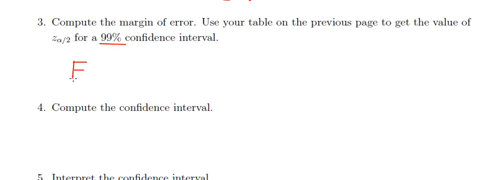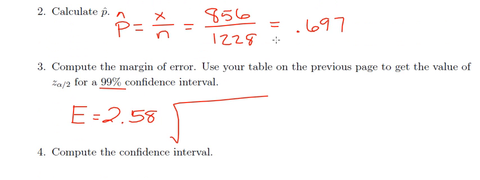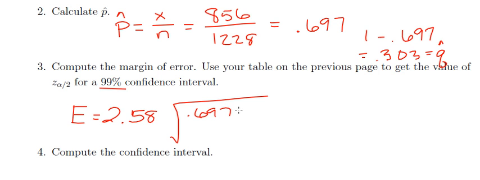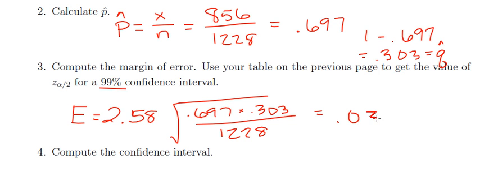So our margin of error is going to be 2.58 times the square root of p hat, which we just calculated as 0.697. And then we need 1 minus 0.697 for q hat. That's 0.303. That's equal to q hat in our formula. So times 0.303 divided by our sample size. Okay, so that's the margin of error. That's 0.0338.